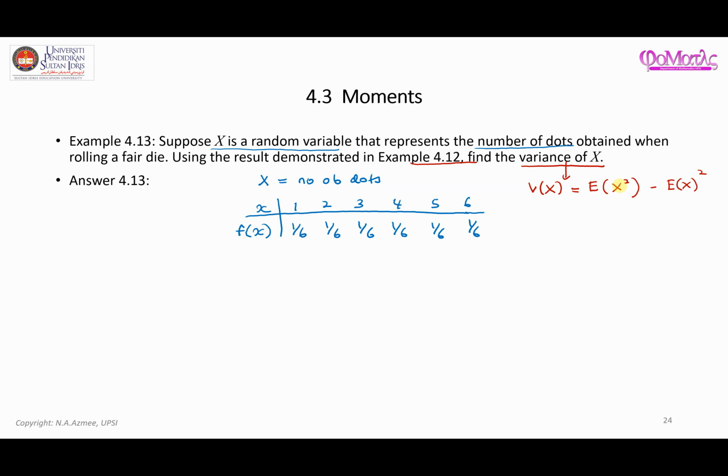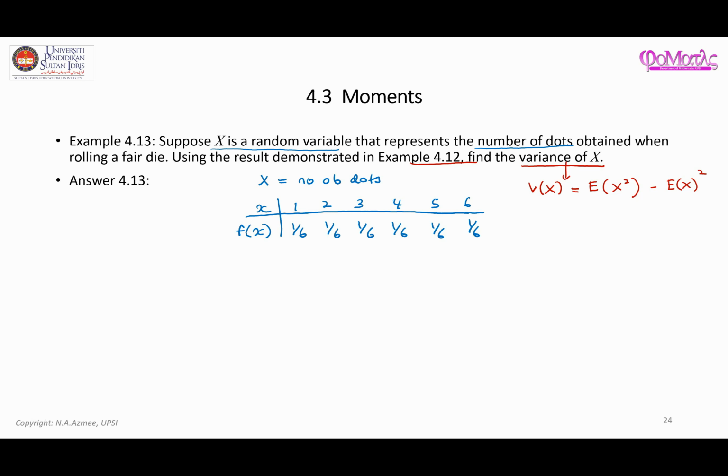For the first one, the value of the random variable has to be squared first, and then you find the expected value of that. For the second one, you have the mean, mu, and the value of that has to be squared. This is going to be our starting point.